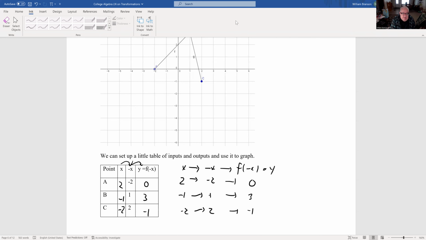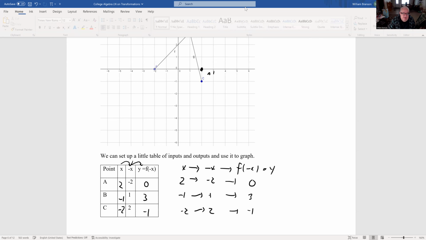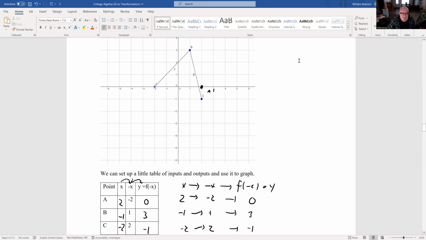Well, -2 becomes 2, 0. So there's my A prime. B becomes -1, 3. And that's over here, B prime. And C becomes -2, -1. So B is still up here. This is B prime.